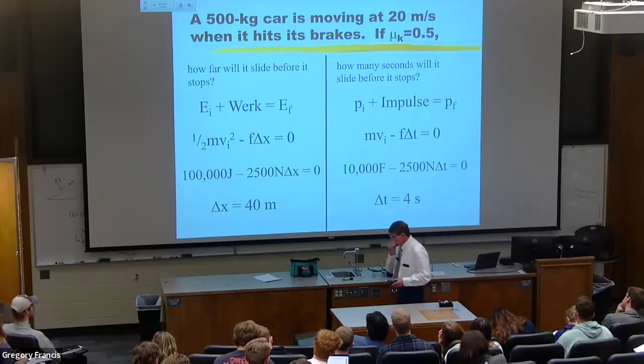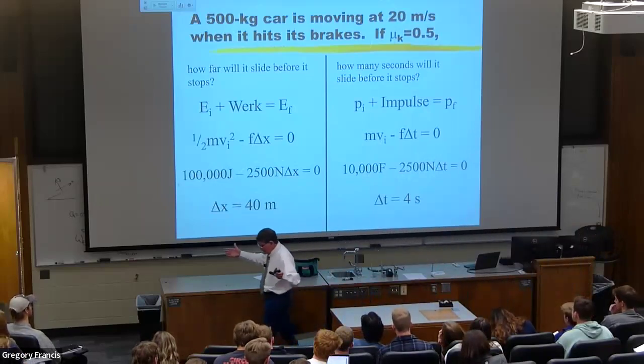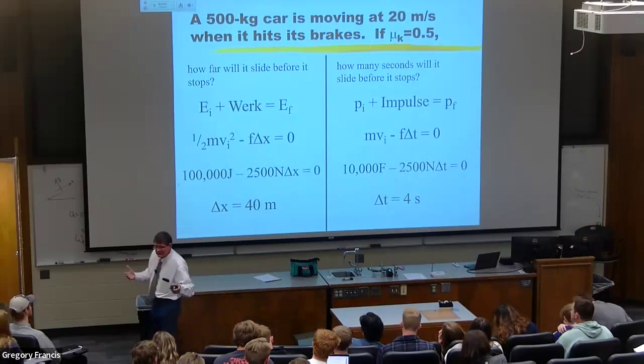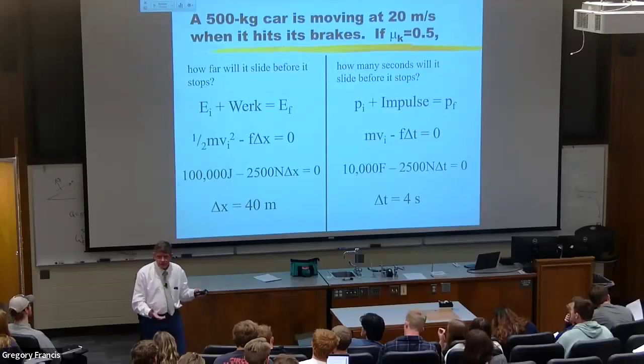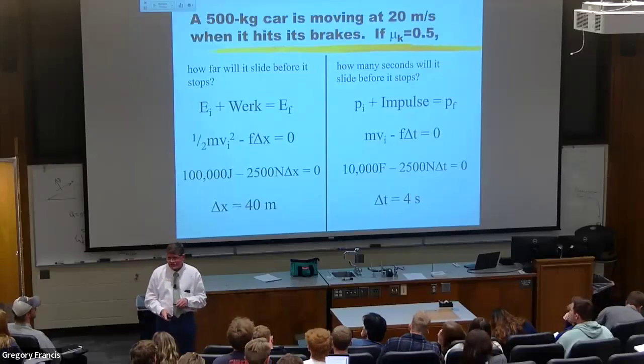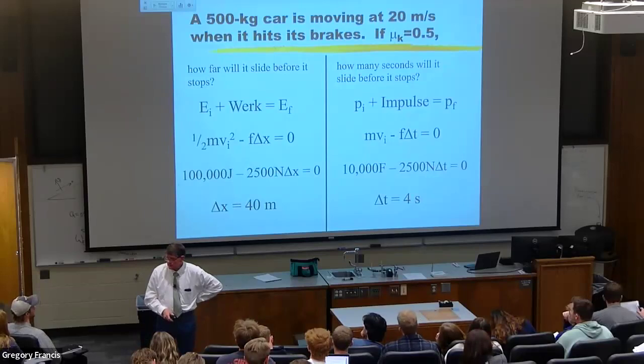Now, wait a minute, Greg. It stops in 40 meters, but it takes 4 seconds. 40 meters divided by 4 seconds is 10 meters per second, not 20 meters per second. What happened?